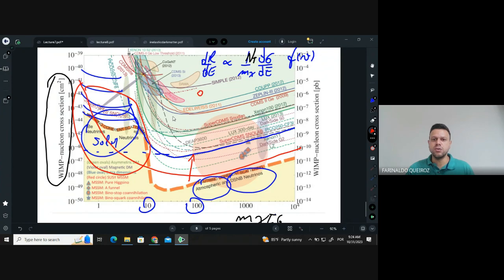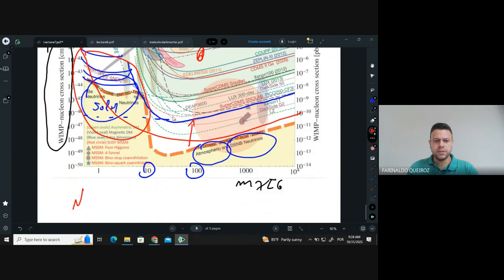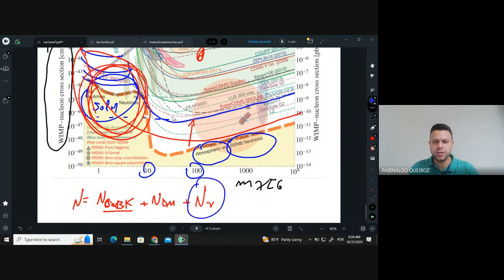Remember, what they do is observe the number of events, n, which is the number of background events, plus the number of events from dark matter, plus the number of events from neutrinos. But I'm here in the red region. How do you know this is neutrino signal or dark matter signal? You can't tell them apart.